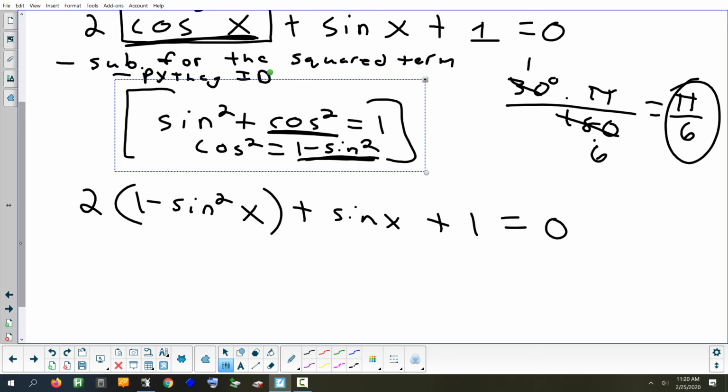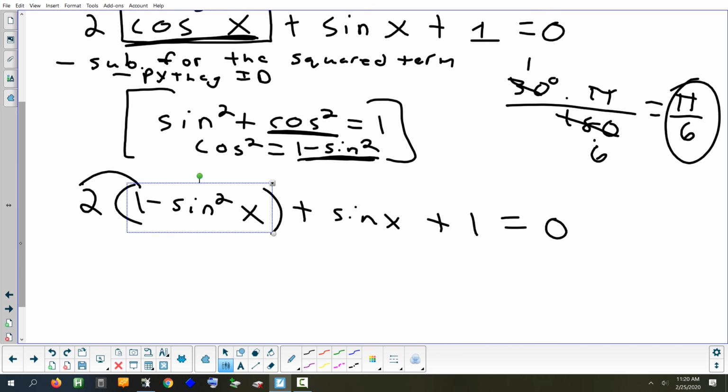Now we have to do a distributive property, but once we do that, we'll be able to get this the way we want. All right. So let's do that. What's 2 times 1? 2. Plus we have 1 more at the end we can combine it with. 3. So I'm going to do that in one step. 2 times negative sine squared x.